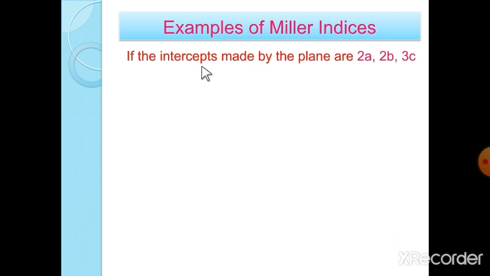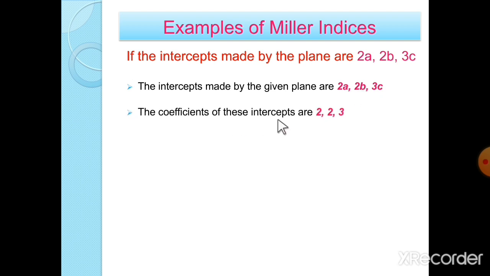If the intercepts made by the plane are 2a, 2b and 3c, how to calculate the Miller indices? The intercepts made by the given plane are written as 2a, 2b and 3c. The coefficients of these intercepts are 2, 2, 3. That is, Weiss indices are 2, 2, 3.